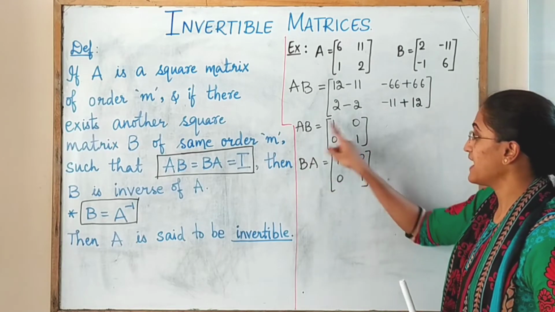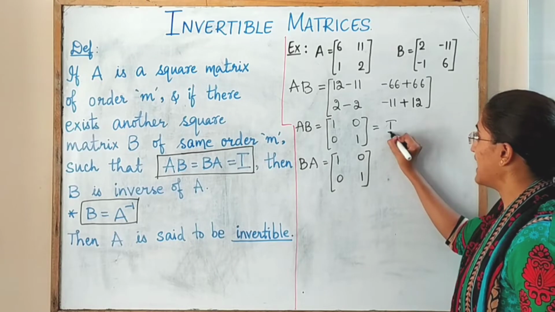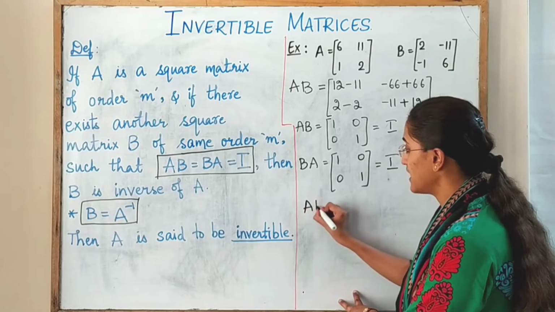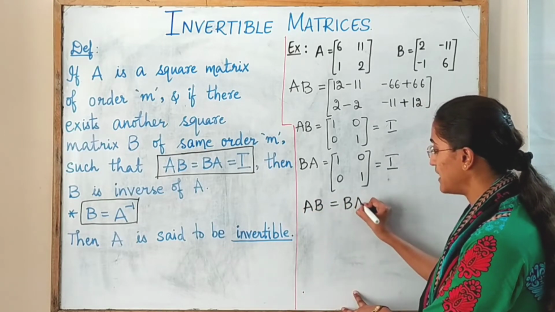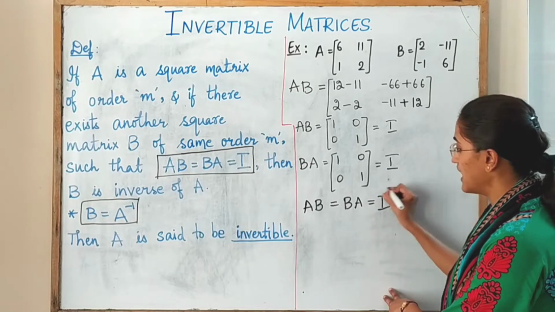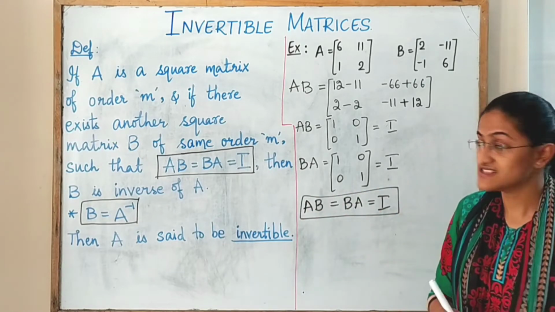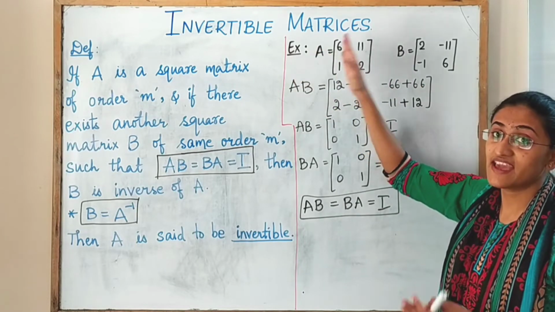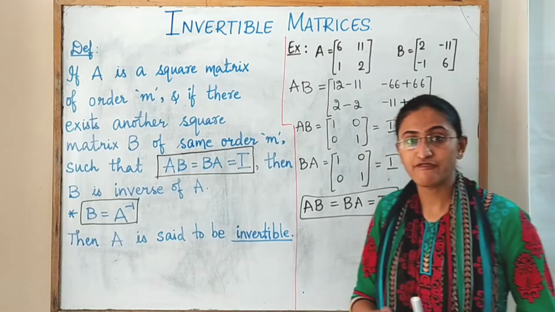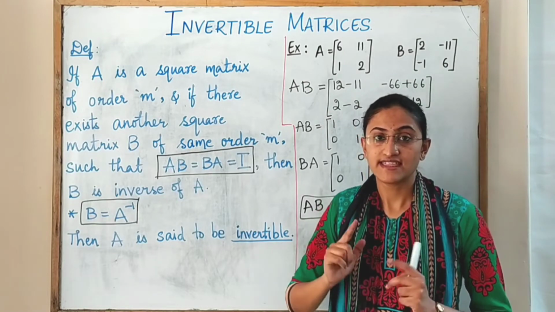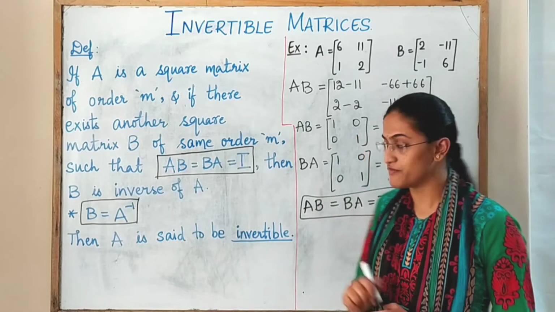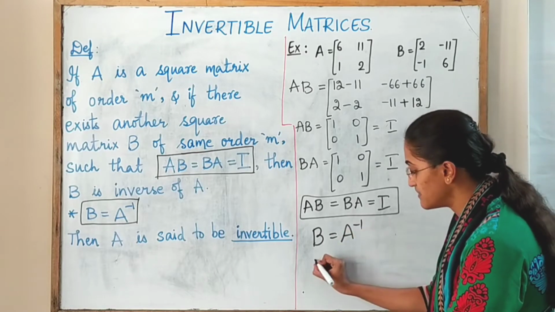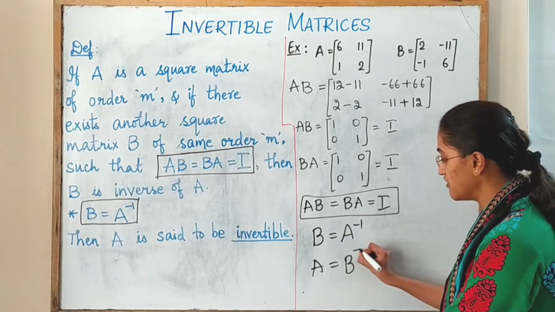We get AB as an identity matrix I and also BA an identity matrix I, and hence you can conclude that AB and BA are equal to each other and equal to an identity matrix I, and hence you can tell that B is inverse of A and similarly A is also inverse of B. Whenever B is said to be inverse of A, then A will also be inverse of B, and hence we can write B is equal to A inverse, and similarly A will be equal to B inverse.